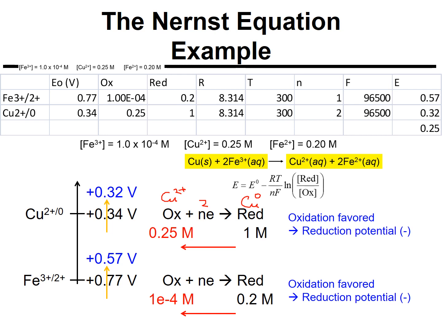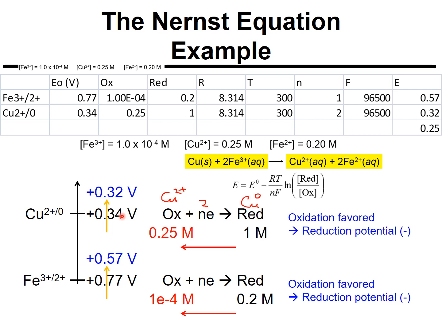If you have 1 molarity of reduced species Cu0, and always Cu0 is 1 molarity, and also 1 molarity of Cu2+, then we obtain the standard reduction potential for this half-cell reaction.